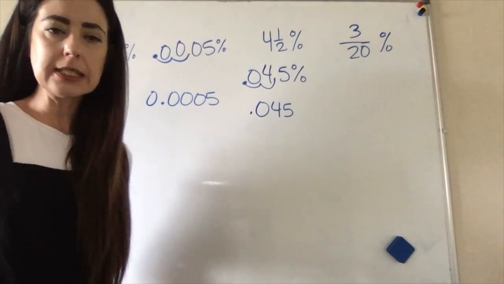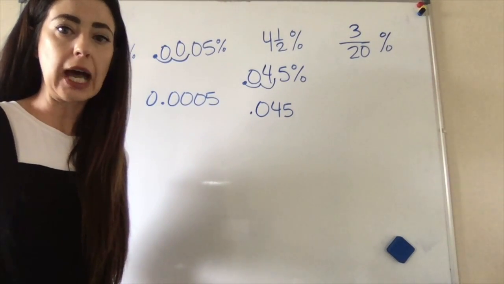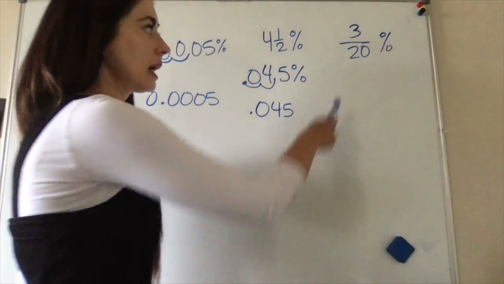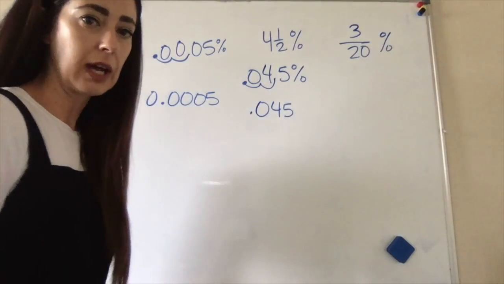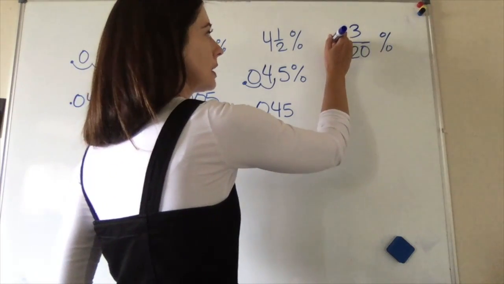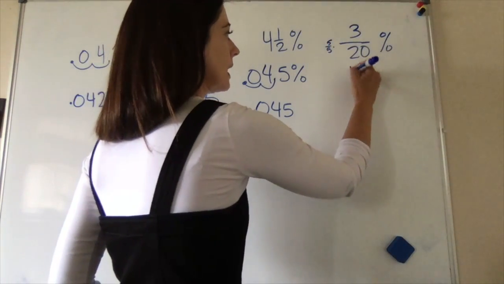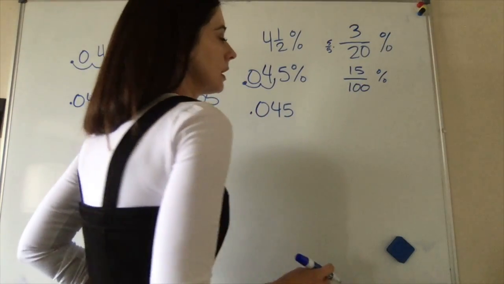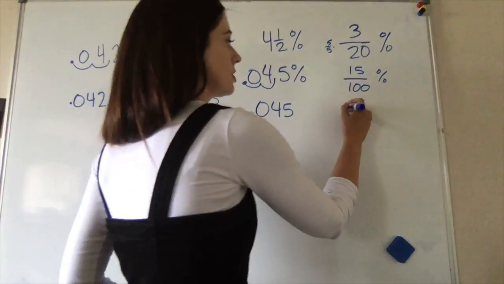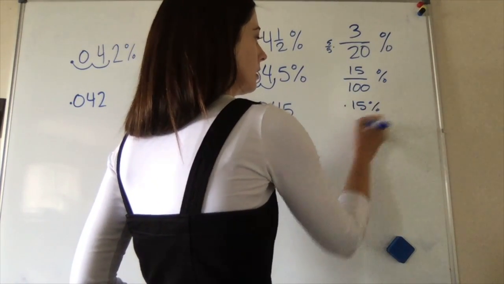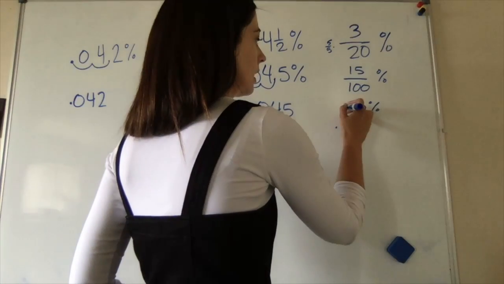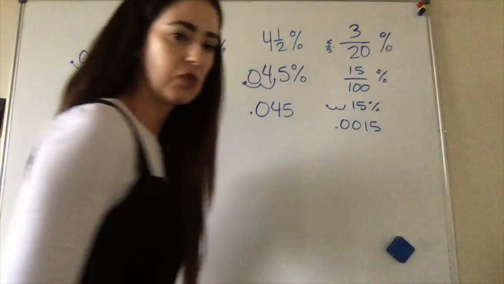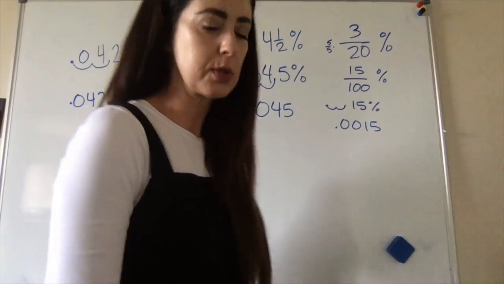To convert this into a decimal, we can either divide 3 by 20 and find the equivalent, but what I'm going to do is I recognize that 20 is a factor of 100, so I know I can multiply top and bottom by 5, so I get 15 over 100%, all right, which means 15 hundredths of a percent, which means, again, 1, 2, so 0.015. So this is 15 thousandths of a percent.